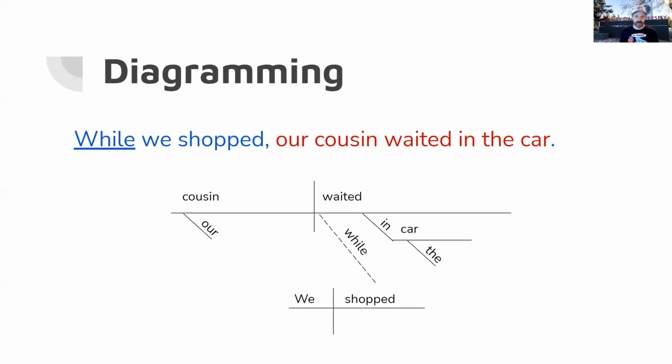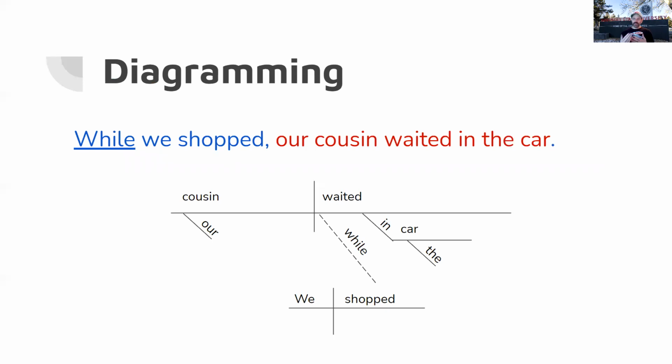When did our cousin wait in the car? Our cousin waited in the car while we were shopping. So it's functioning adverbially, describing the waiting, when the waiting was happening, and it was happening while we shopped. So we can connect those two verb phrases with that subordinating conjunction on a dotted line.